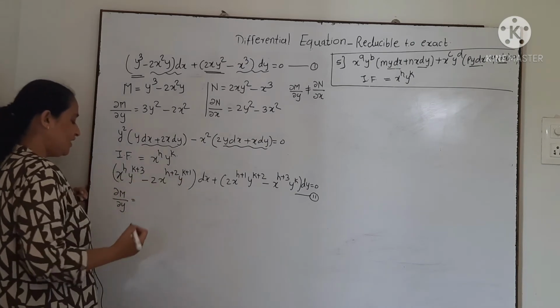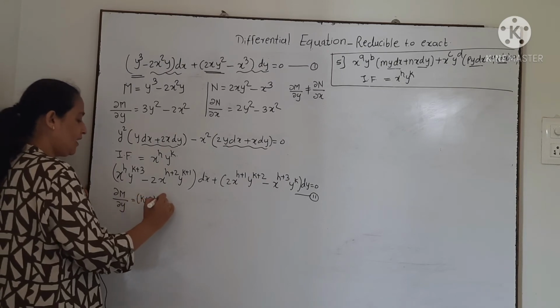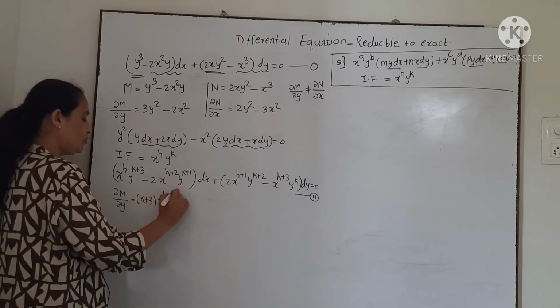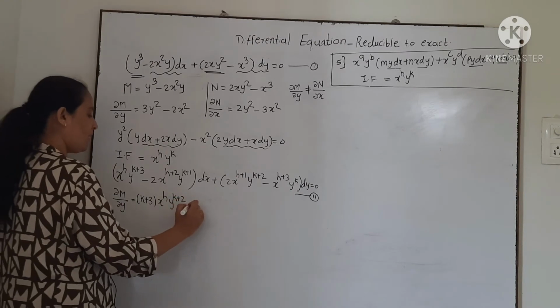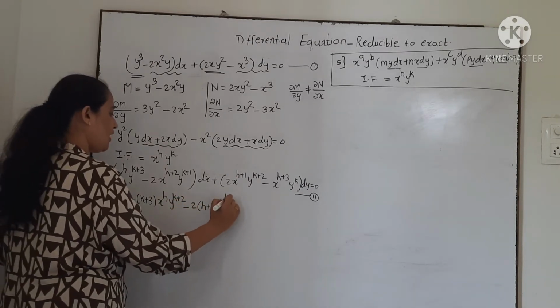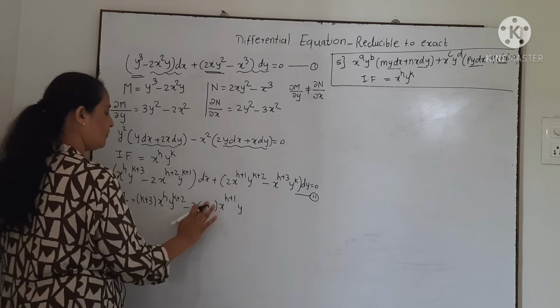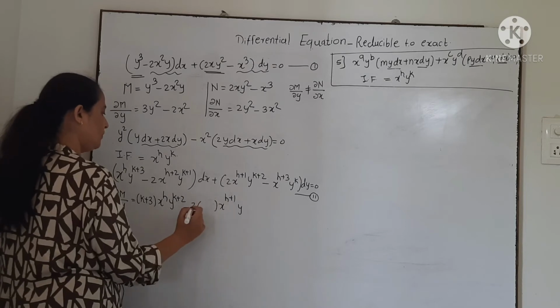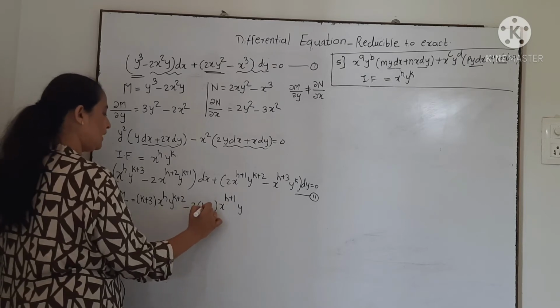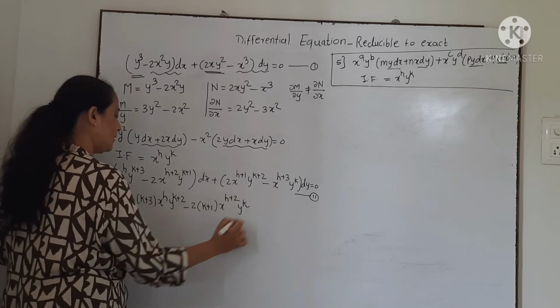So if I find its derivative with respect to y, it is k plus 3 x raised to h y raised to k plus 2 minus 2 h plus 2 x raised to h plus 1 y raised to k plus 1, because we are differentiating with respect to y. So it is 2 in bracket k plus 1 x raised to h plus 2 y raised to k.